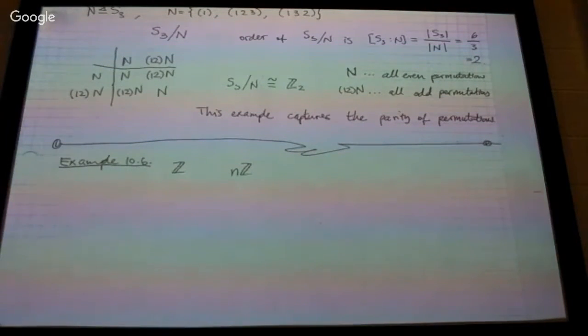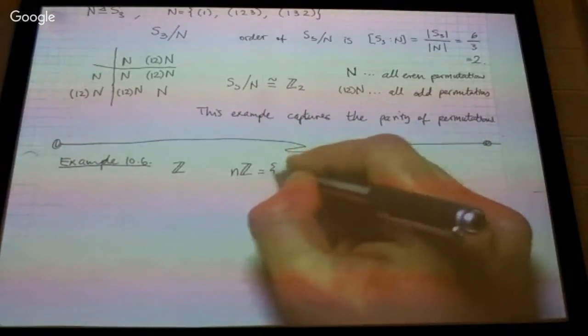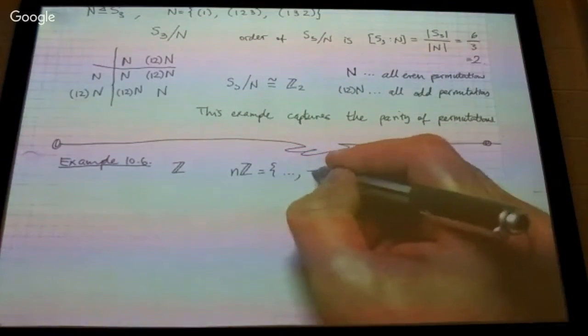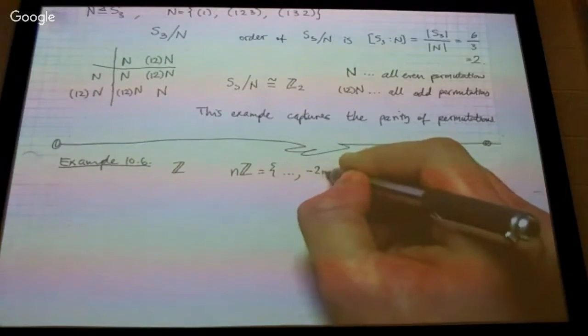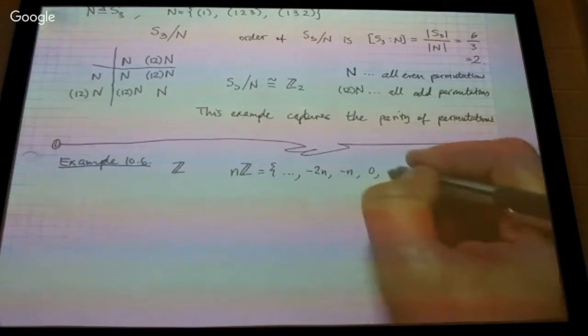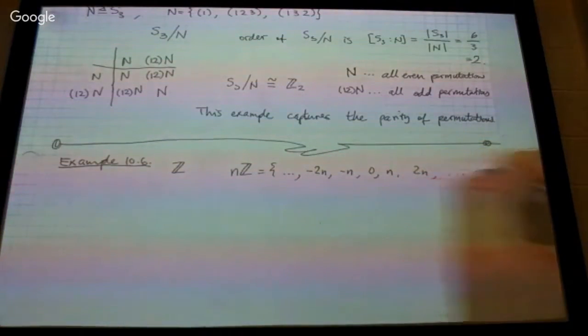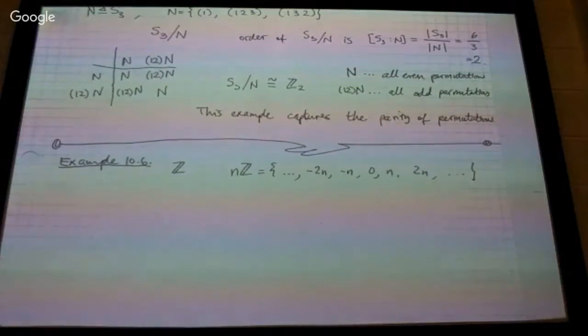These are all the integer multiples of n. That's a subgroup, because if you add 2 multiples of n, you get a multiple of n. It's closed, and the 0 is there.